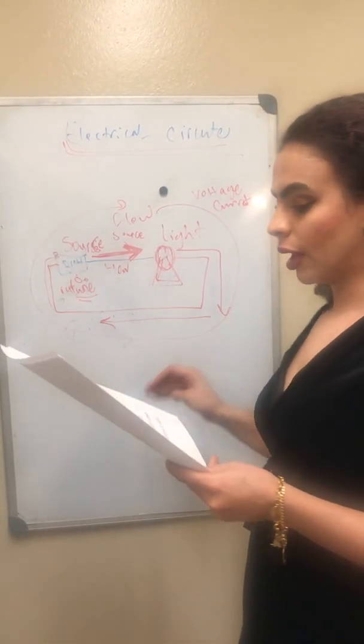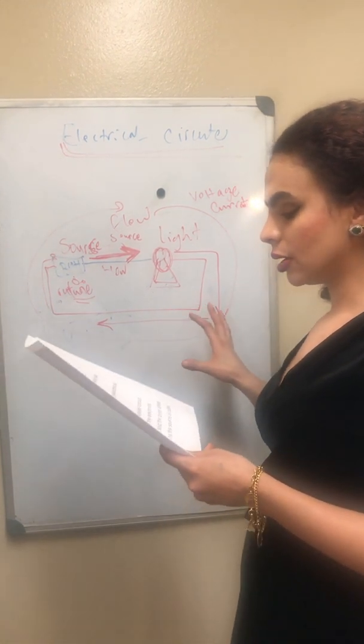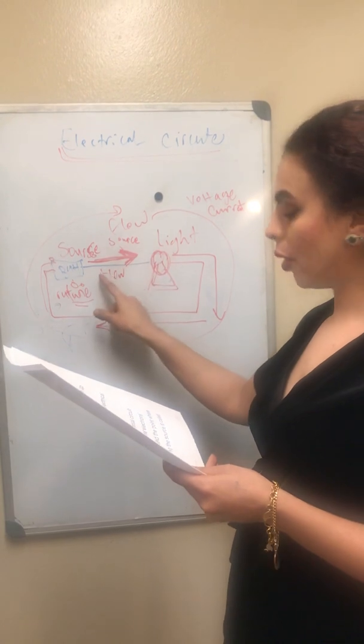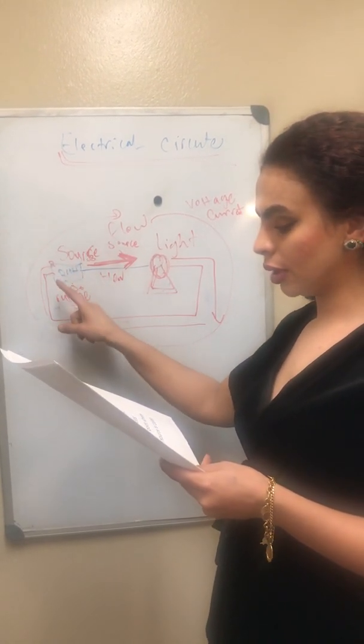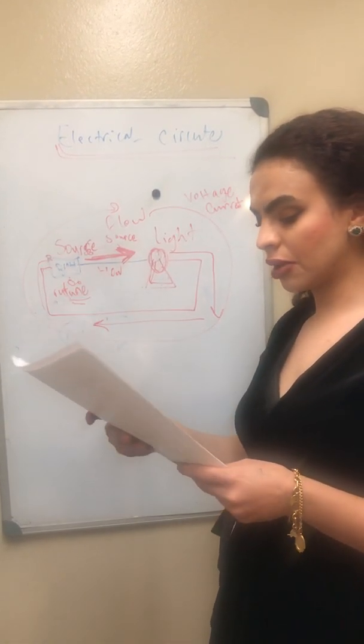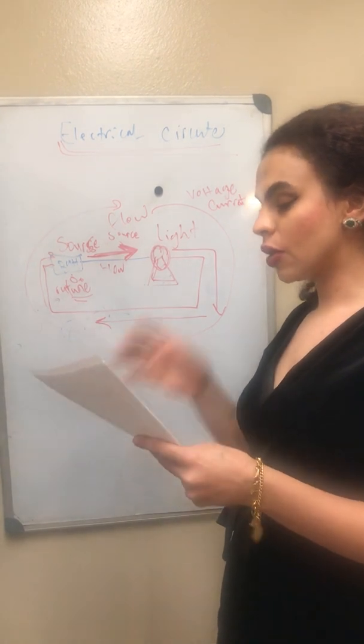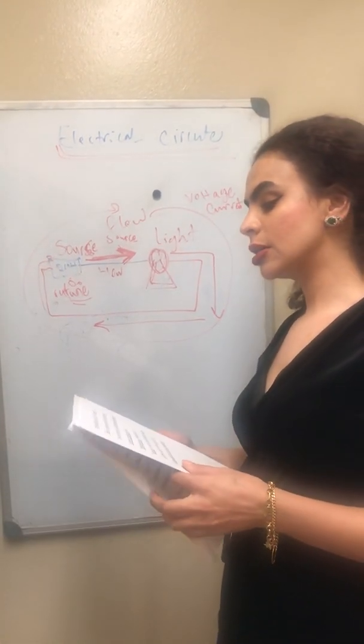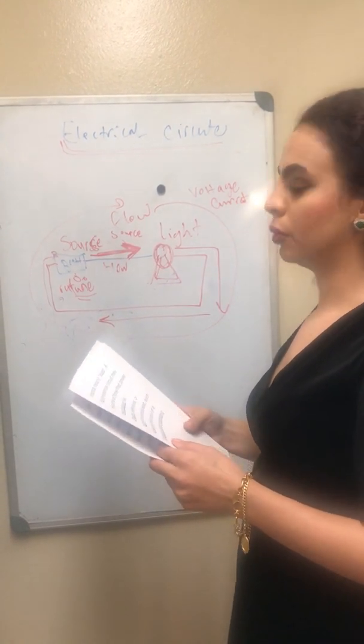The part of an electrical circuit that is between the electron starting point and the point where they return to the source is called the load.